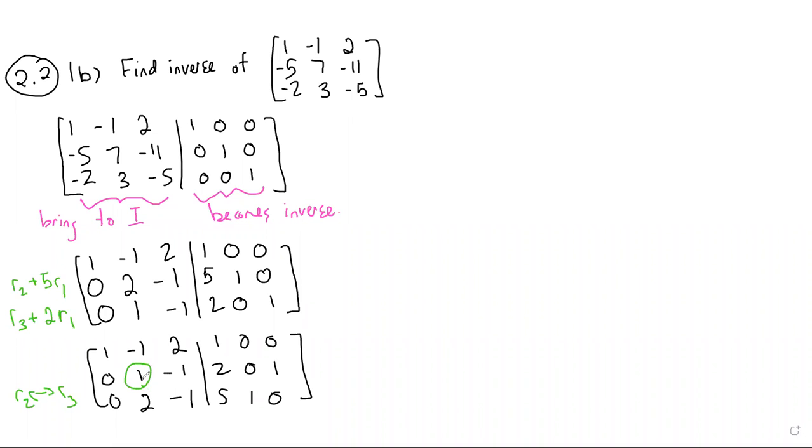I should be able to use this one to eliminate the values above and below it by the usual move, adding and subtracting multiples. So row 1 is going to become row 1 plus row 2, and that should eliminate that second entry. And for row 3, I'm going to subtract 2 of row 2 to get rid of that entry.